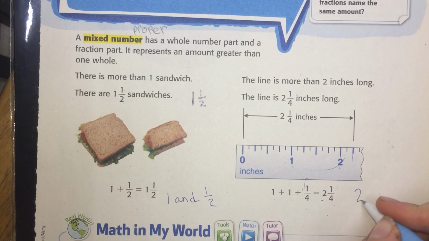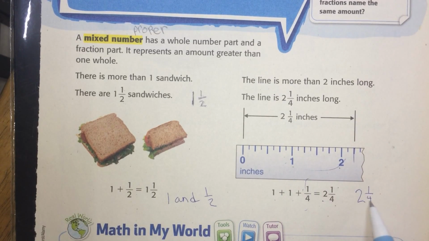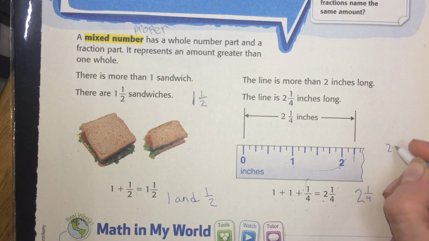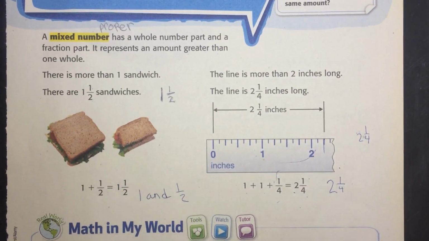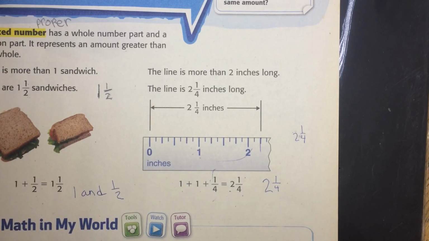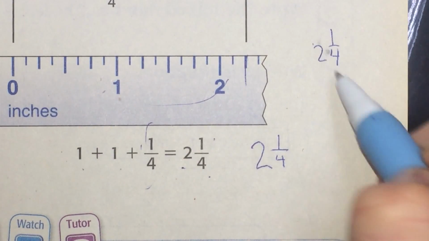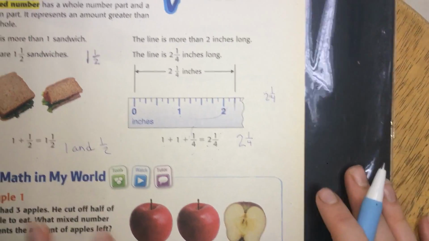But if you're writing it, remember, make the 2 big and the 1/4 fit next to it nicely. Because sometimes if you have messy handwriting, it looks like this, and then you might think you're dealing with 1/24th accidentally instead of 2 and 1/4. So make sure your whole number is nice and big.